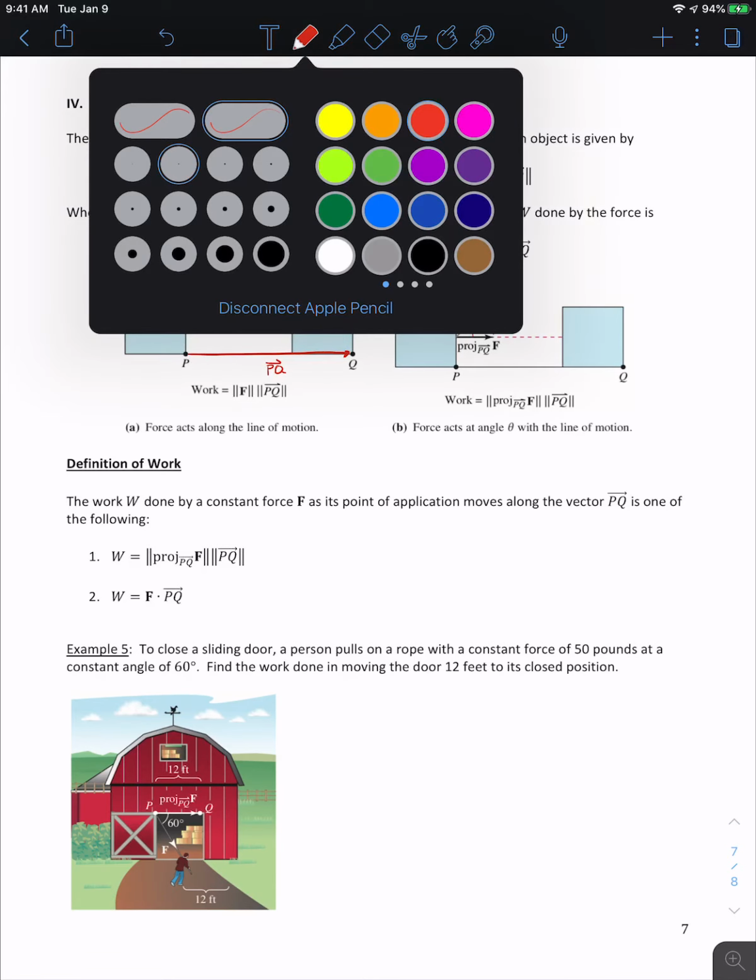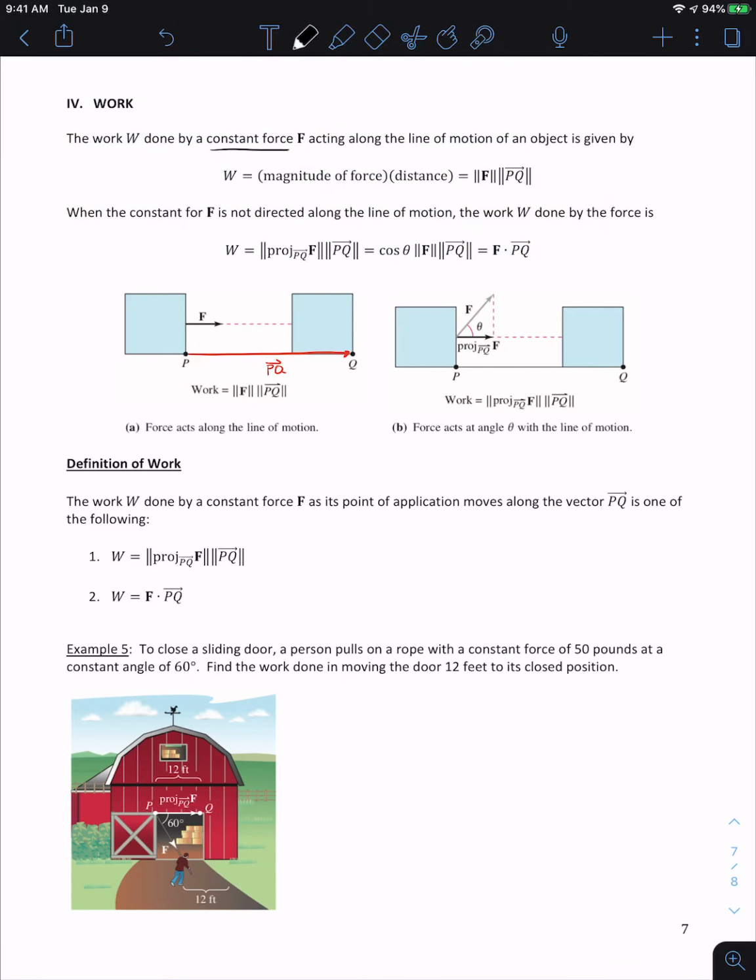So now in terms of our projection, when the constant force F is not directed along the line of motion, then the work done is given by the magnitude of the projection of the force onto PQ times the magnitude of PQ.